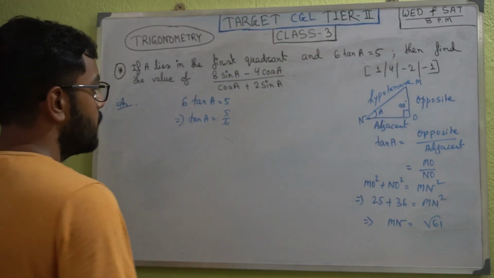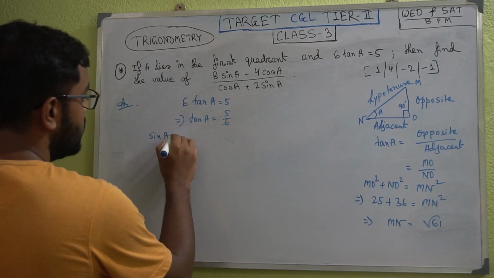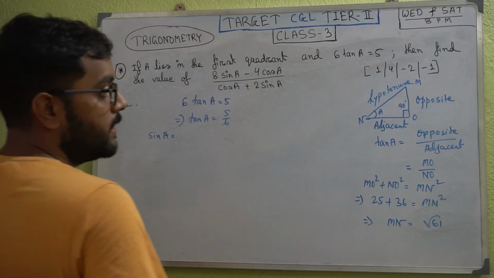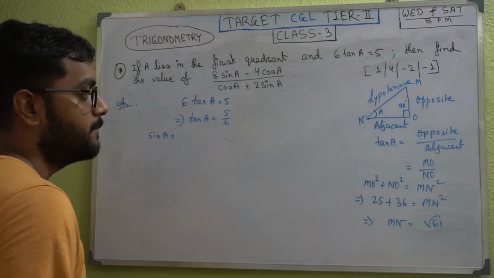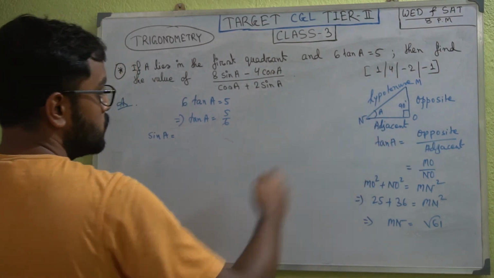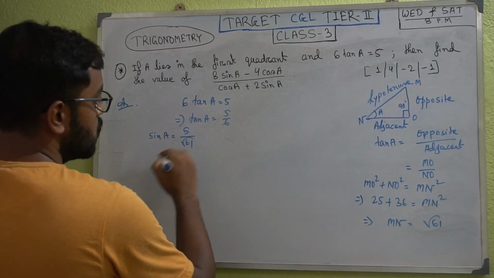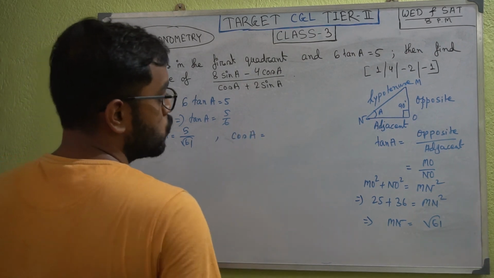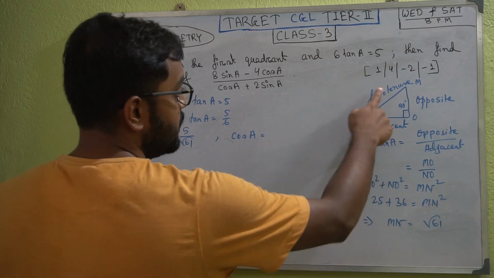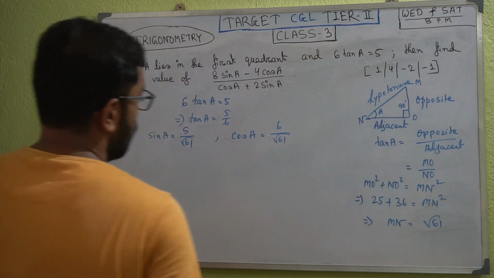Okay, now from here sin A equal to opposite side by hypotenuse, here opposite side is 5, and the hypotenuse is root 61, and from here cos A equal to adjacent side by hypotenuse, that is 6 by root 61.